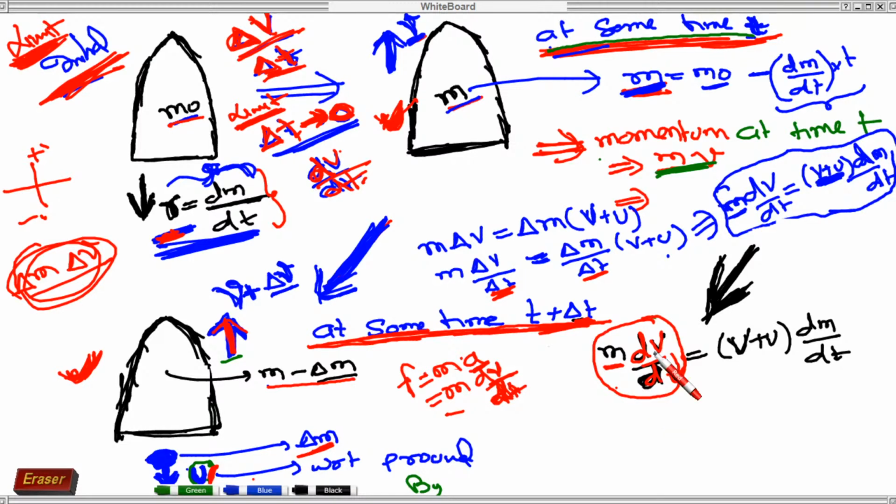There is one more concept that is called the thrust force.